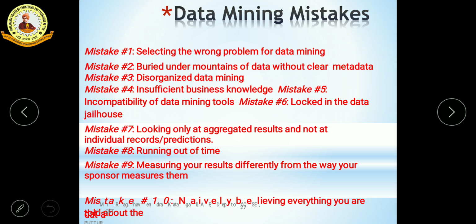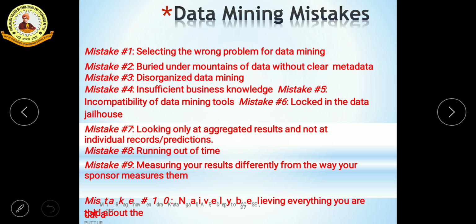Then mistake number 7, looking only at aggregated results, right? That is also a mistake. Then mistake number 8, running out of time. Not leaving sufficient time for data acquisition. Then coming to the ninth mistake, measuring your results differently from the way your sponsor measures them.